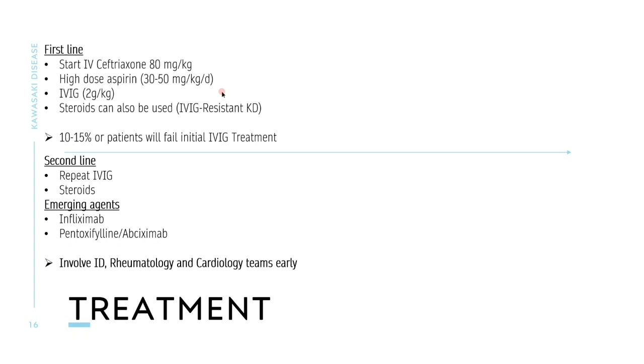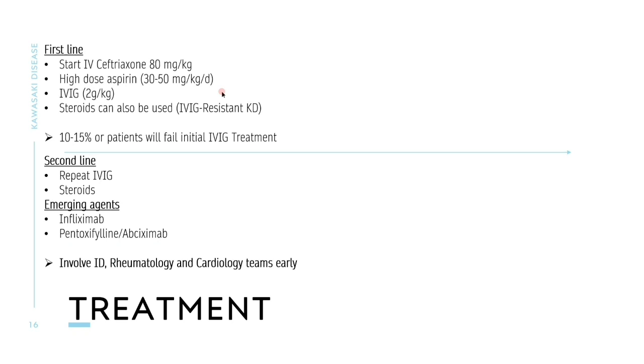Patients under 1 year old are probably at higher risk of failing the initial IVIG treatment. Also patients that have liver derangement, specifically if the ALT is more than 100, or if they have thrombocytopenia initially, with platelets less than 100.